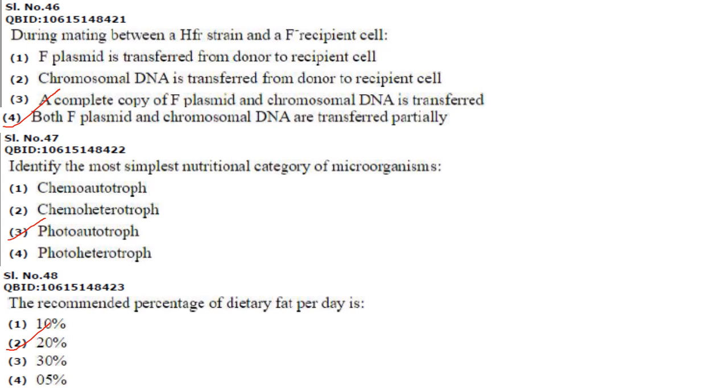Then next one. Identify the simplest nutritional category of microorganisms. So it is photoautotrophs. They are the simplest nutritional category of microorganisms. The recommended percentage of dietary fat per day is, so it is 20%.